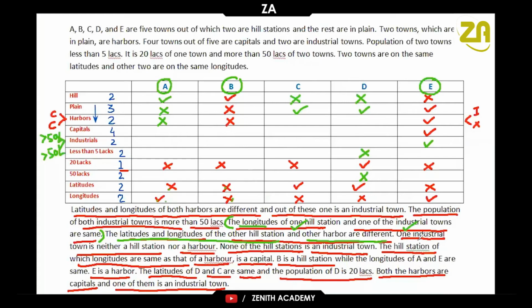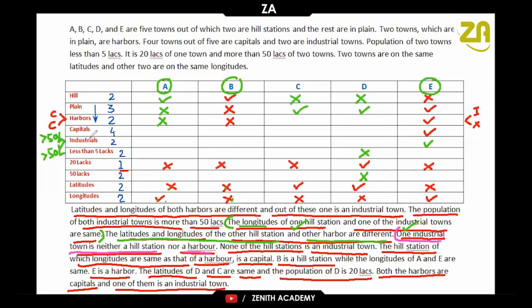Now, one industrial town is neither a hill nor a harbor. Look here, it is a very important information. One industrial town is neither a hill nor a harbor.